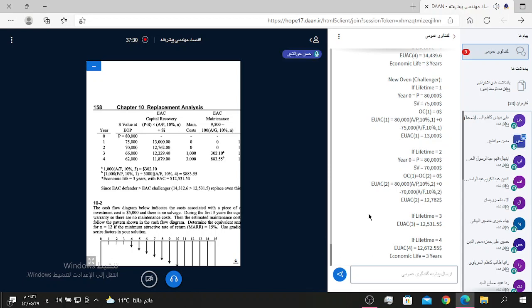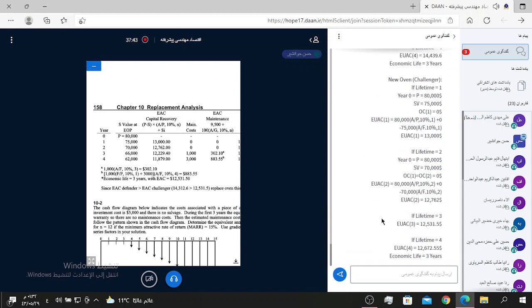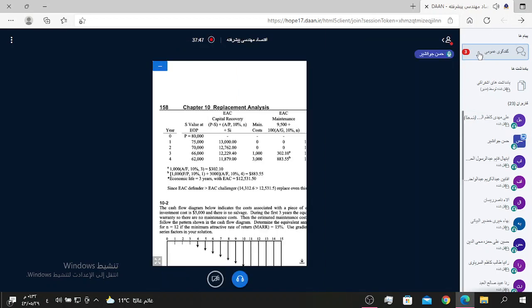For the economic life of the Defender, UAC3, type it for the Defender.